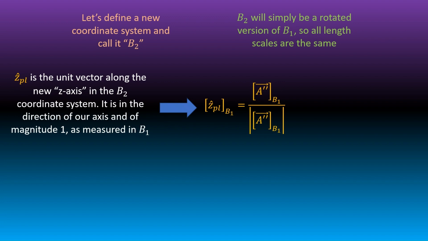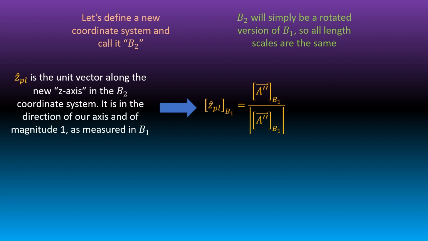So in order to define this new coordinate system, we need the unit vectors in the directions of the three axes. So we'll have unit vector Z hat PL be along our new z-axis. It's not really the z-axis, but it's the equivalent of the z-axis. And this will be in our B2 coordinate system.